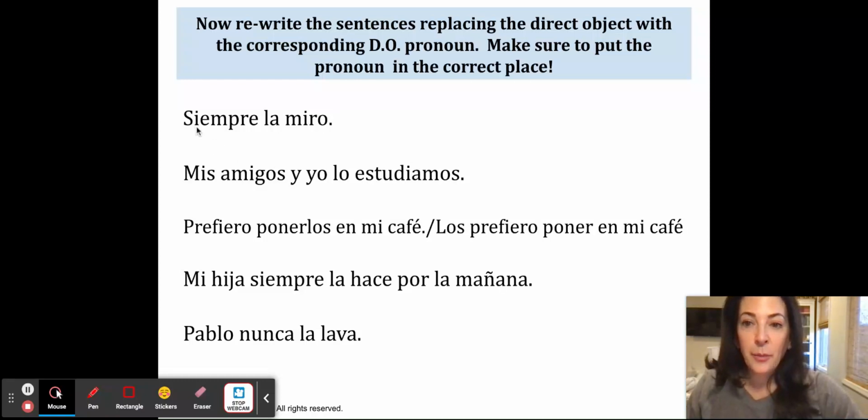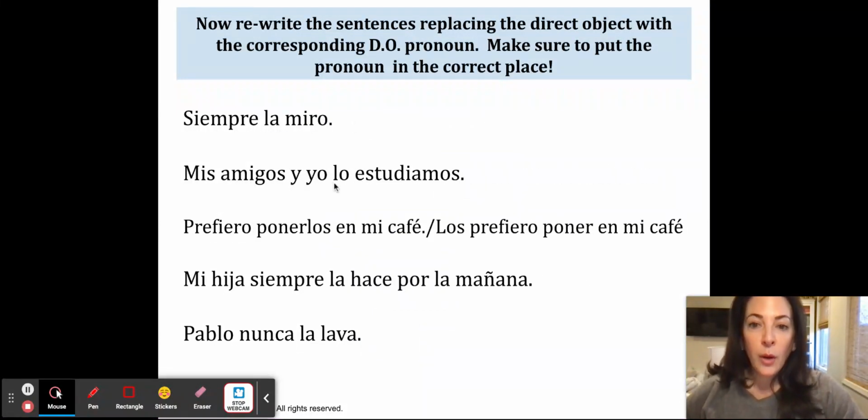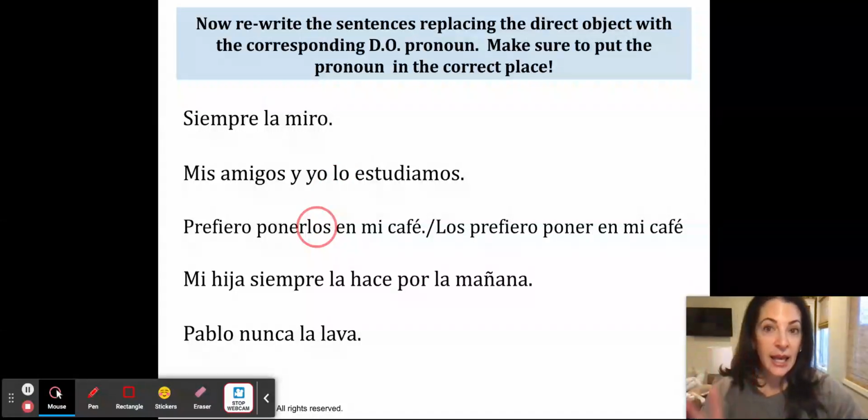So, siempre la miro, because it's la televisión. La tele, ¿sí? Lo estudiamos, because lo was el español, ¿sí? Prefiero ponerlos, because it's la leche y el azúcar, ¿sí? Prefiero poner los, or los prefiero poner.